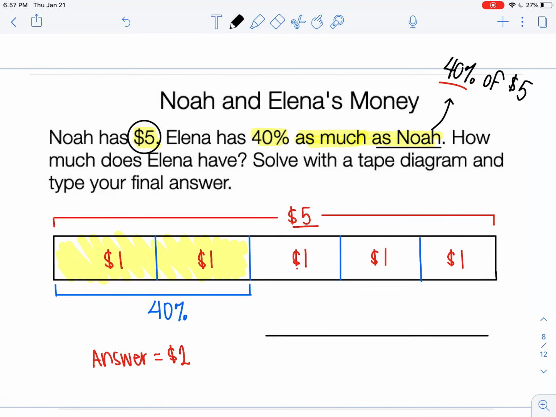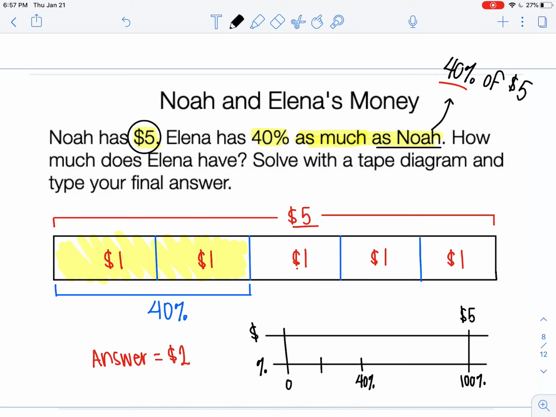Now, of course, for this question, either strategy would work. It might be simpler for some people to see this as a double number line, just because you can immediately identify, okay, I know that 100% is $5. I've got 0, I've got my percent, and I've got my money. And I need to find 40%.